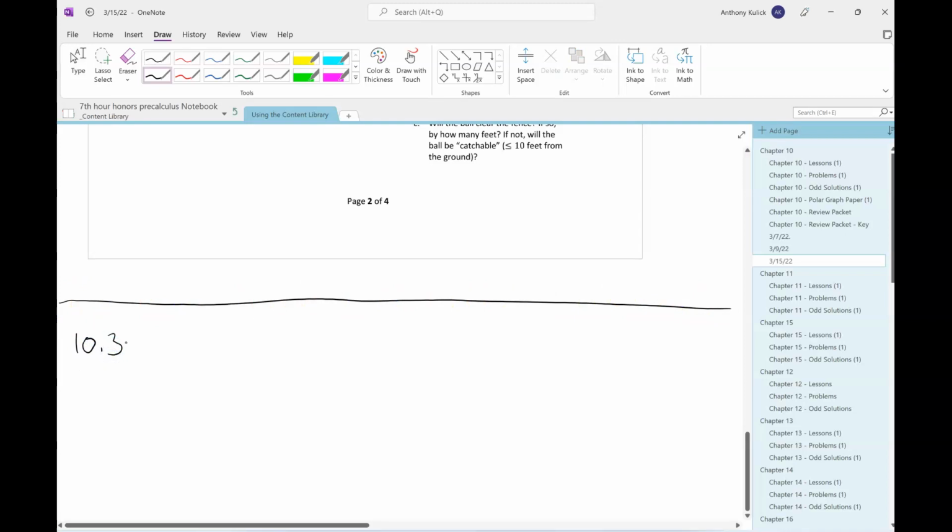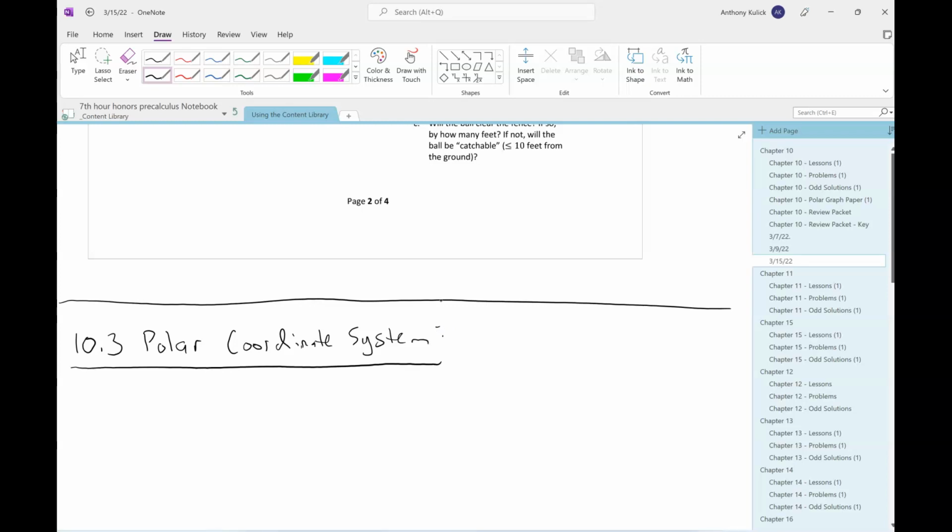We're going to go to section 10.3. We're going to transition from talking about parametric things to polar things. And what we're going to talk about first is just the polar coordinate system.